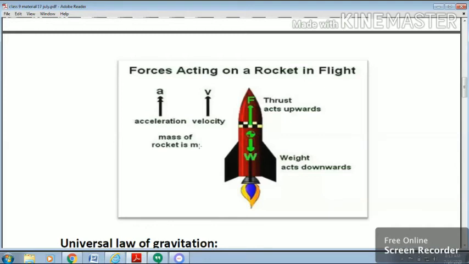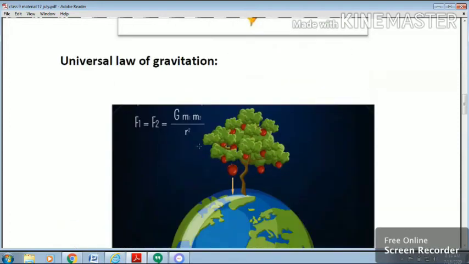That is the action, and the outgoing gases exert an equal and opposite reaction on the rocket, due to which it moves in the forward direction. That is the reaction. So these two forces are equal in magnitude but opposite in direction, and action and reaction are always equal and opposite to each other. With this, we'll move to the next topic, that is the universal law of gravitation.